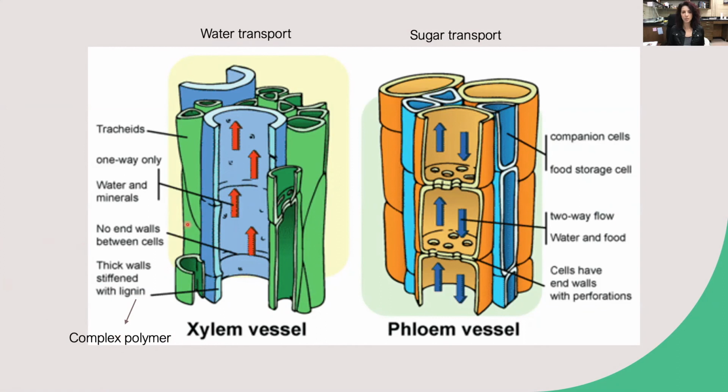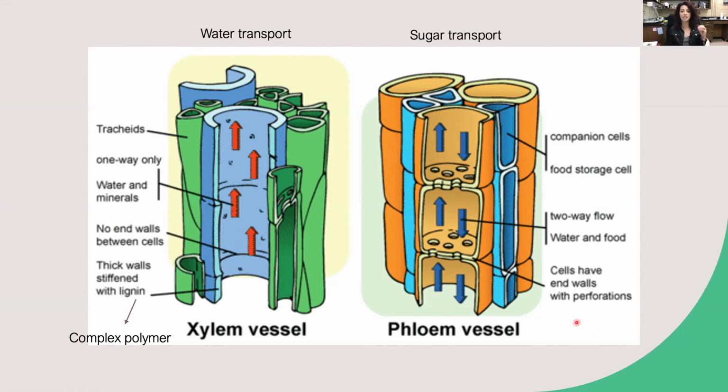On the other hand, we have the sugar transport called phloem. Phloem is the second type of vascular tissue. As written here, it transports sugars, but it also transports proteins and other solutes throughout the plant. Unlike the xylem, the phloem cells are divided into sieve elements.